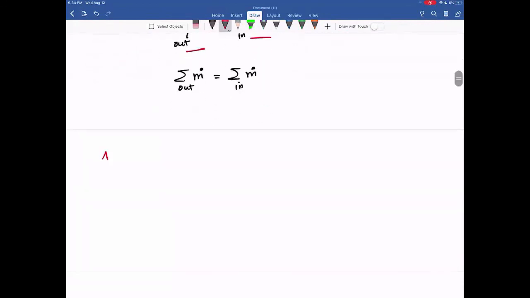Okay, so this can lead into one more assumption. So we can assume that the densities out is equal to the densities in. This must be understood in some way from the problem statement. If you have a combination of two completely different types of fluids, you can't make this assumption.